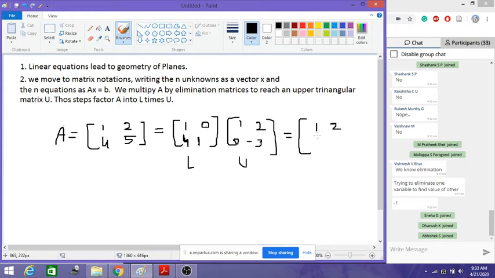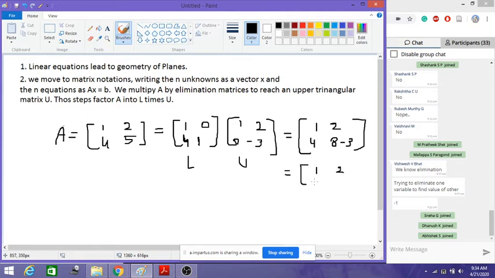Now if you multiply 4 times this first vector, that is 4, and then you multiply this, we'll get 8 minus 3, that is nothing but 5.